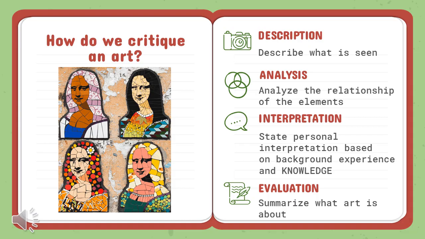Third one, we have interpretation. You have to state your personal interpretation based on your background experience and, of course, knowledge itself. Fourth one, we have evaluation, which is you have to sum up the art's background, or summarize what the art is all about.